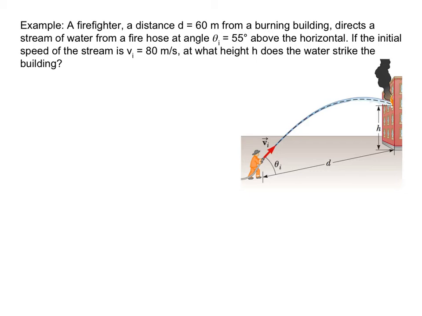So just as we have done before, it's a good idea to organize our information. In the x direction, or the horizontal direction, we notice that the distance is given as 60 meters. I'm going to label that x in my work because that's what I'm used to doing. We are given an angle and a speed, and that together will allow us to find the horizontal speed.